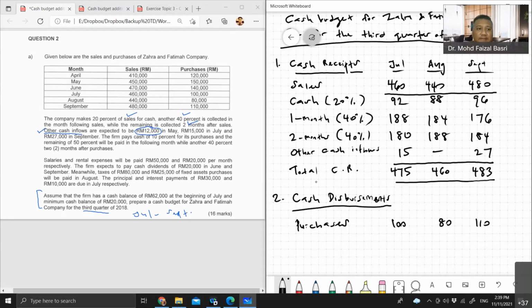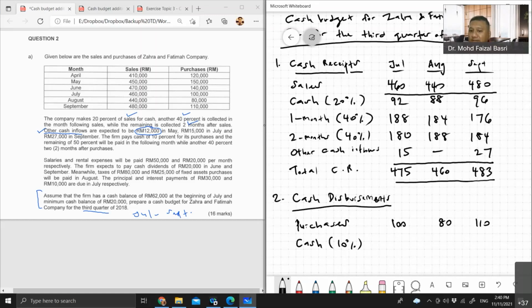Next, the firm pays cash of 10% for its purchases. So they have cash payment also for purchases. Similar to our sales, I'm going to put cash here, and the ratio for cash is 10%. To get the cash, you just multiply with the respective purchases.